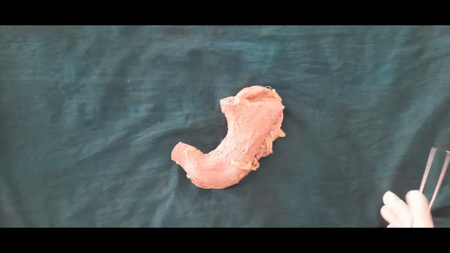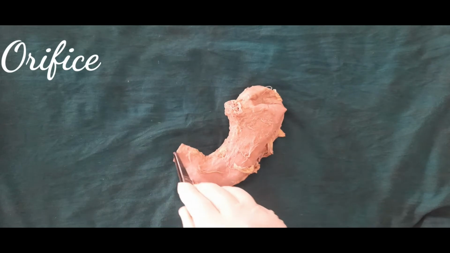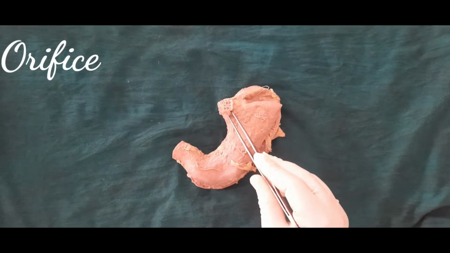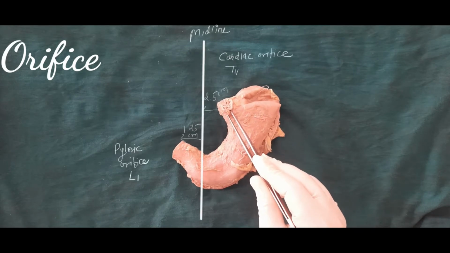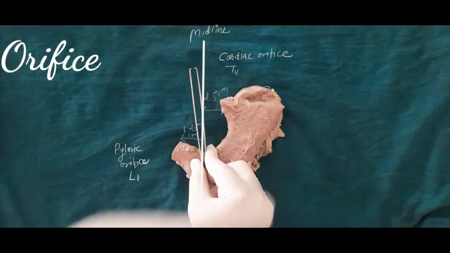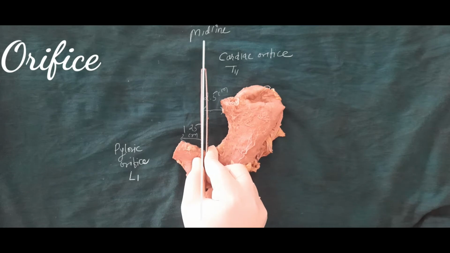So let us see the presenting parts. It has two orifices, this one and this one. The upper orifice is known as the cardiac orifice, and it is situated around 2.5 centimeters left to the midline or mid-sternal line, at the level of the T11 vertebra, just behind the 7th costal cartilage.